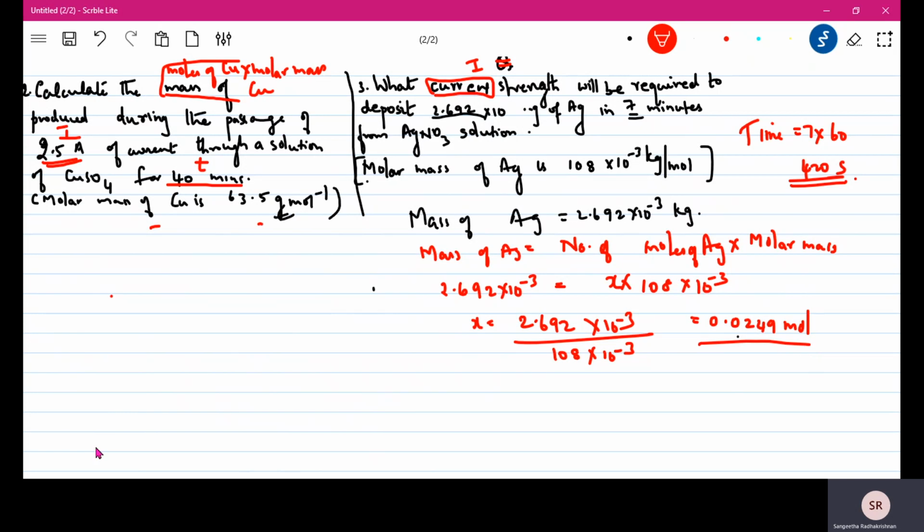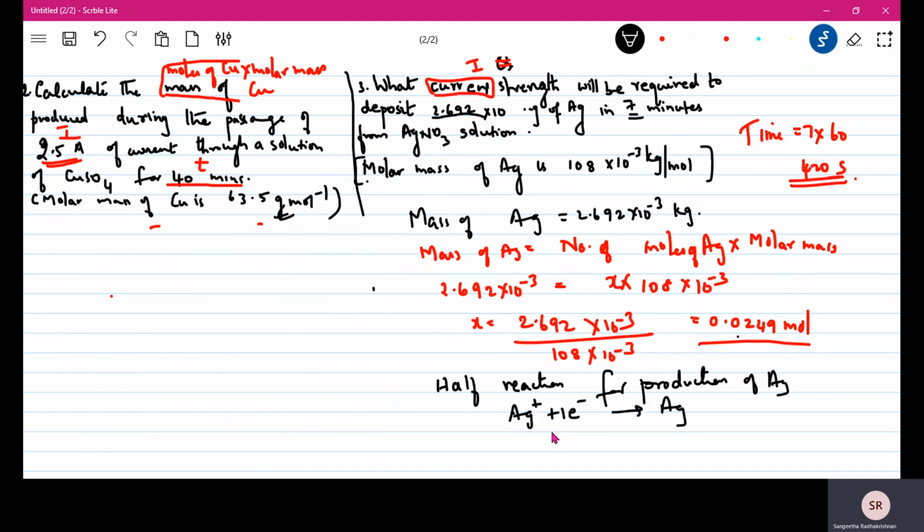Now let us write the half reaction, because we are going in the reverse order. The half reaction for production of silver: Ag+ plus 1 electron giving Ag. That means 1 mole of silver is produced from 1 mole electron.